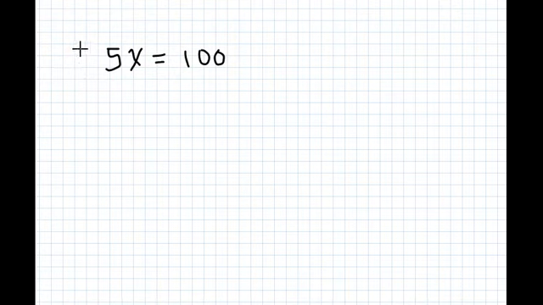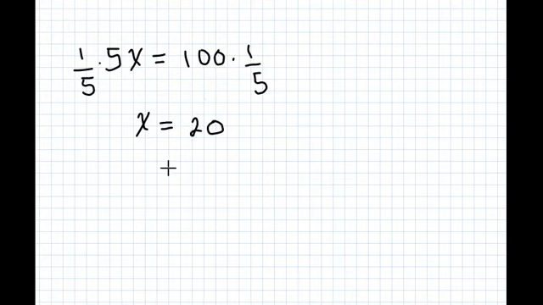What we're going to do here is multiply both sides by 1/5. 1/5 times 5 is 1, and 1 times x is just x. And so we're left with x is equal to 1/5 of 100, which is 20. So 20 is our solution.